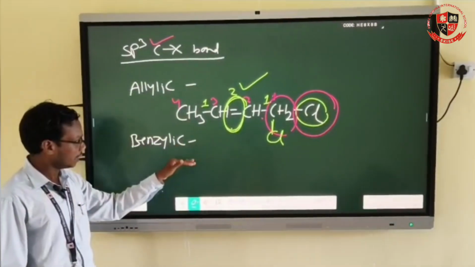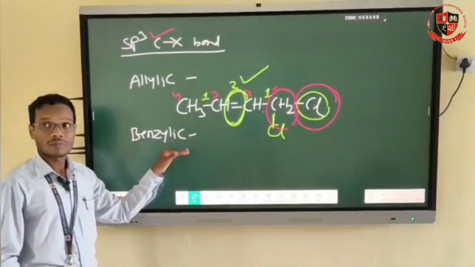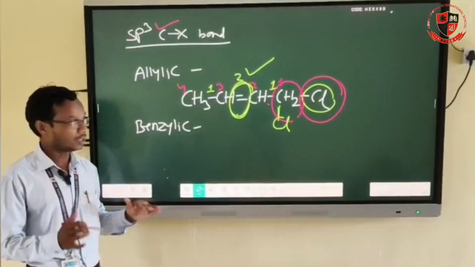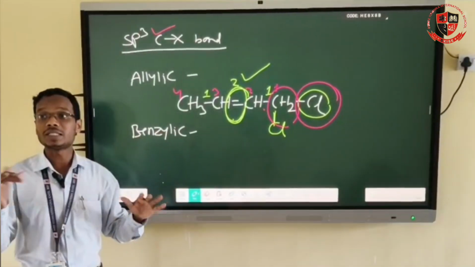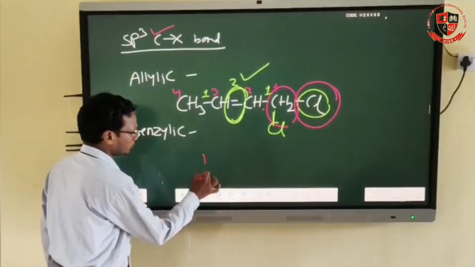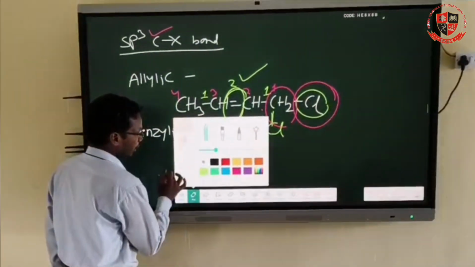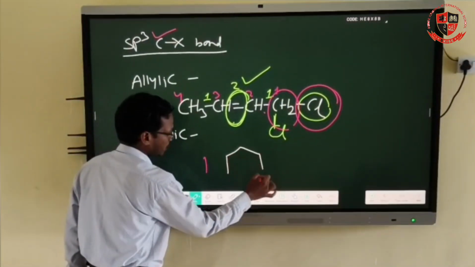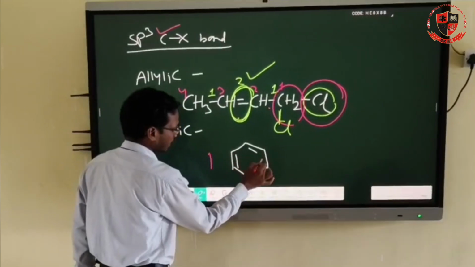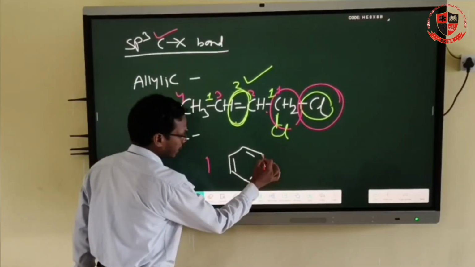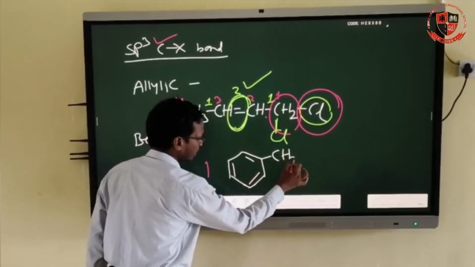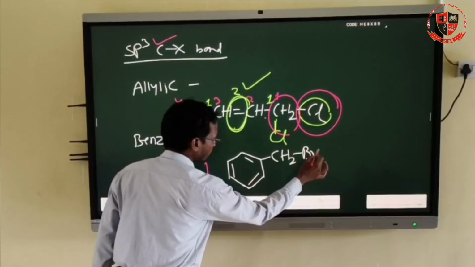Understand? Similarly, if you come to the benzene group, this will become benzylic. How? Suppose your benzene ring is like this, and there is a group CH2Br.